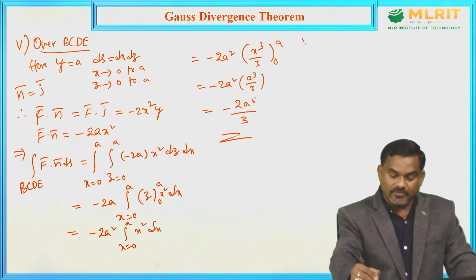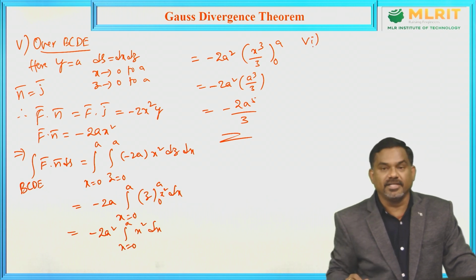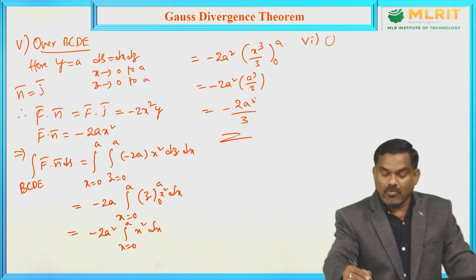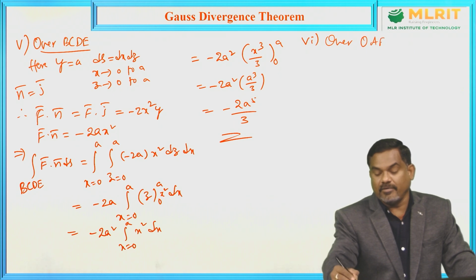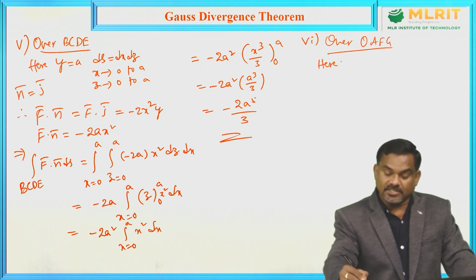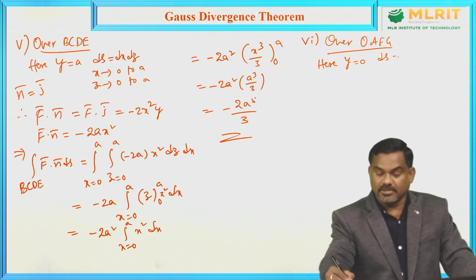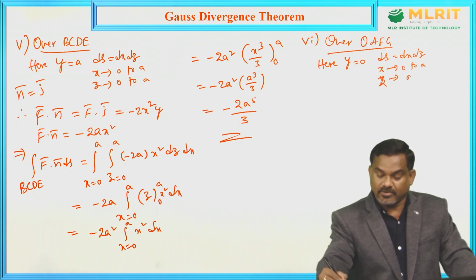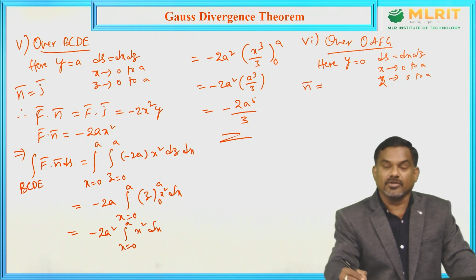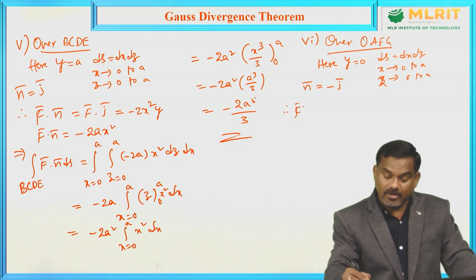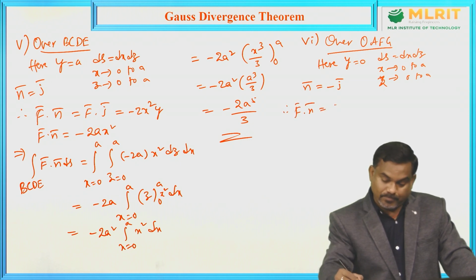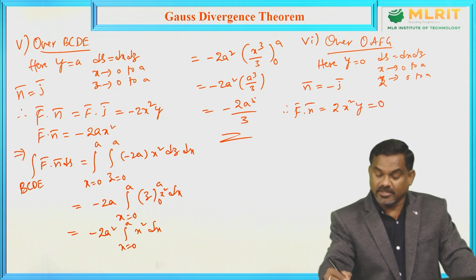Similarly, for the face opposite to BCDE, OAFG, since the origin is there, the value of y is 0 and ds is the same dx dz, x varies from 0 to a and z varies from 0 to a, and here the outward drawn unit normal vector is the negative j bar, and therefore f bar dot n bar is plus 2x square y, but y is 0.